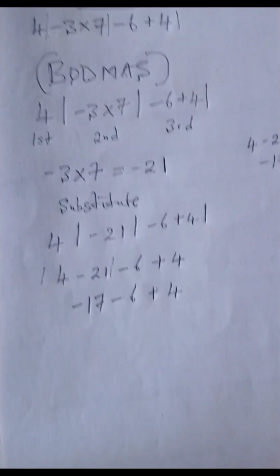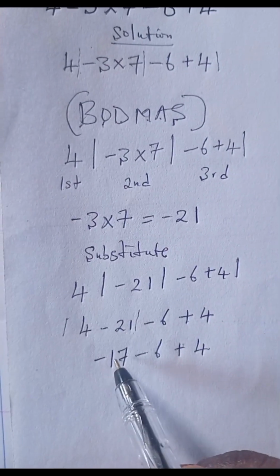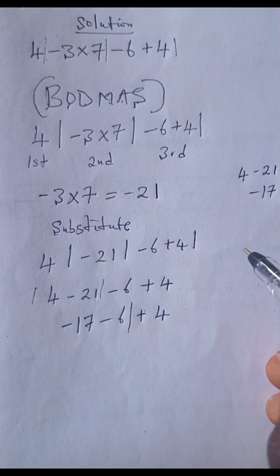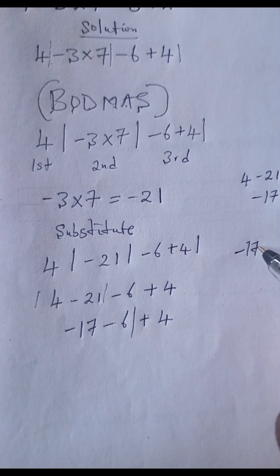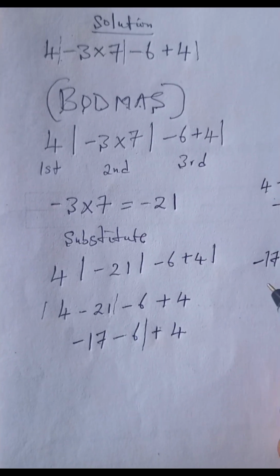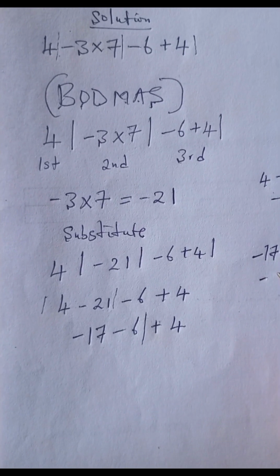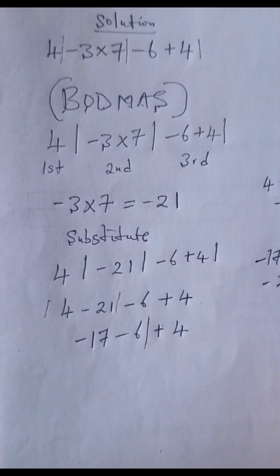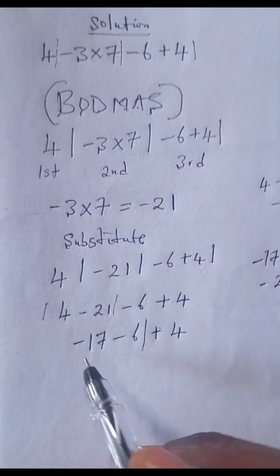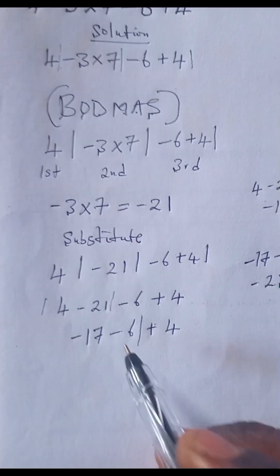All right, so now let's take minus 17 and minus 6. Minus 17 minus 6 will give us minus 23. So minus 23 will now take the place of minus 17 minus 6.